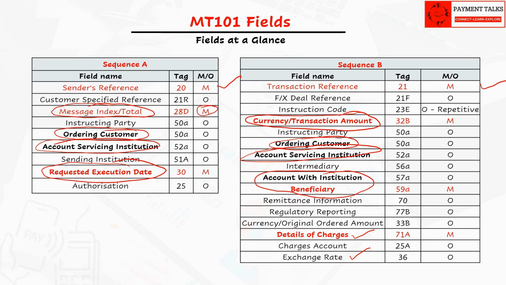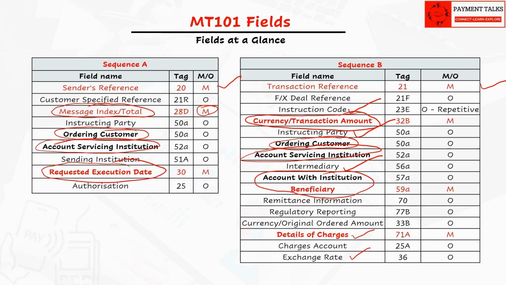There is other information inside the fields like instruction codes, instructing party, intermediary agent, etc., which depends on the scenario and on the bank-to-bank processing. This information will be understood and remembered on the job when you actually work on the message itself.